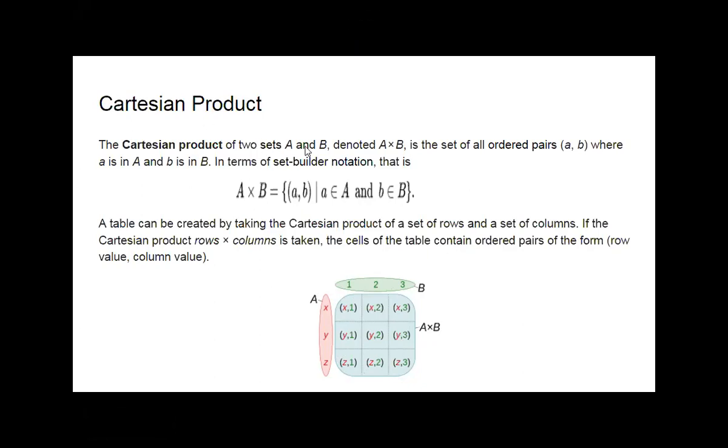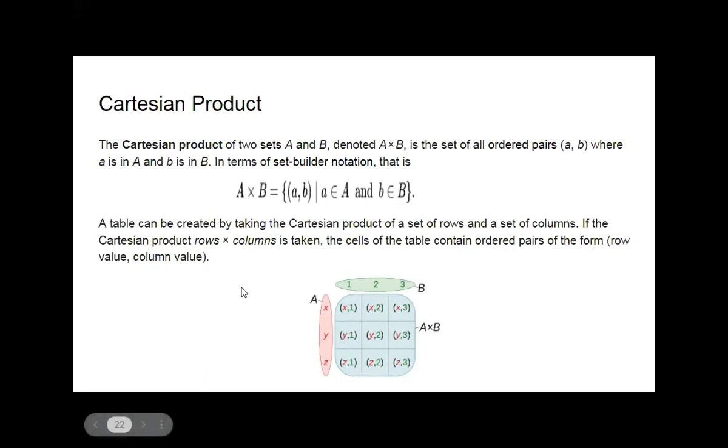The Cartesian product of 2 sets A and B, denoted by A cross B, is the set of all ordered pairs A and B. It contains all ordered pairs. Yes or no? All the ordered pairs: X1, X2, X3, Y1, Y2, Y3, Z1, Z2, Z3.